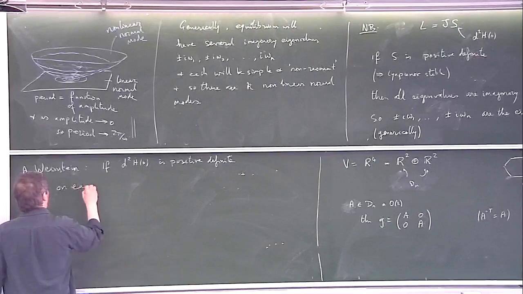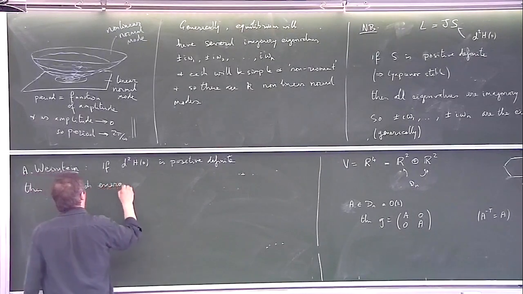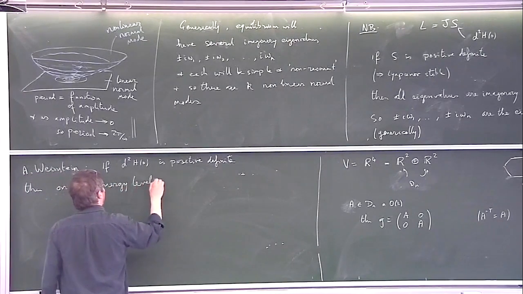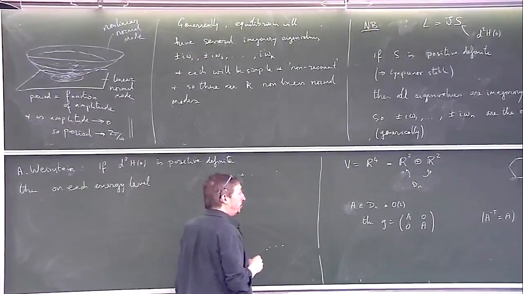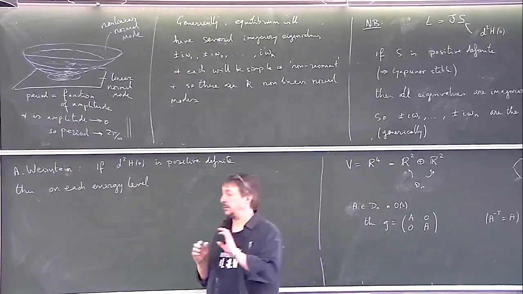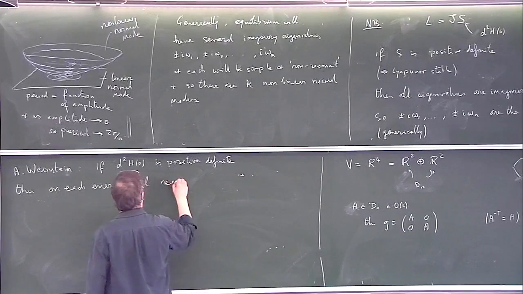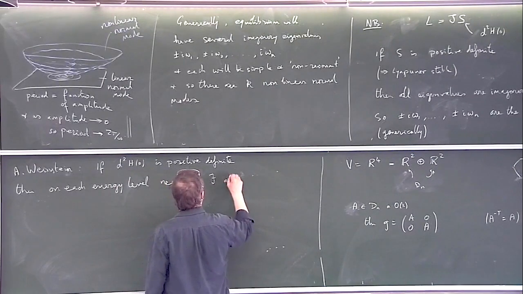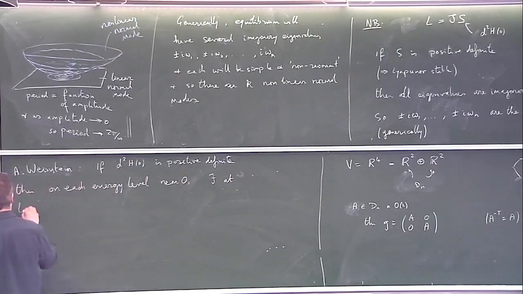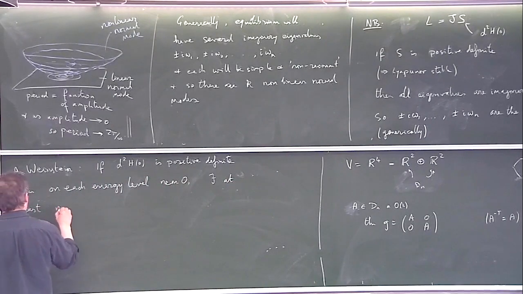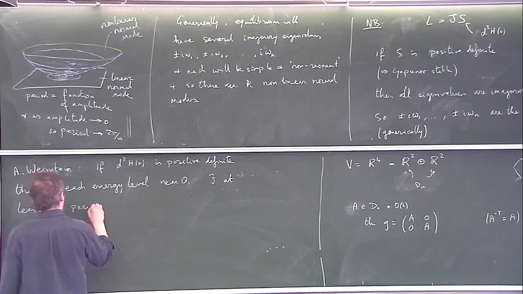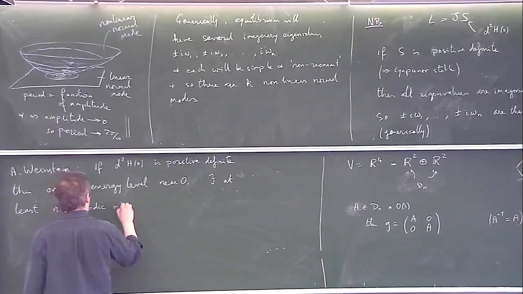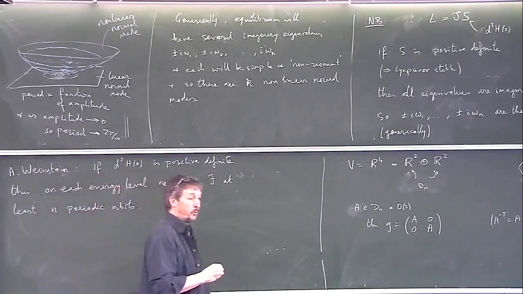then on each energy level, so you fix the energy near zero, there exist at least n periodic orbits.